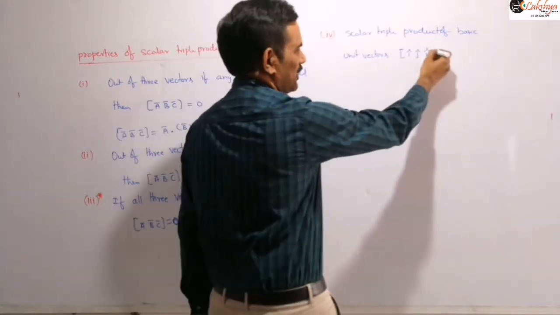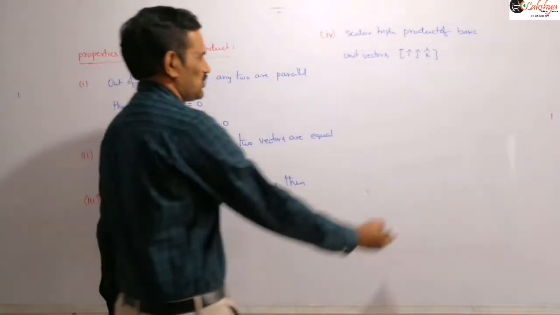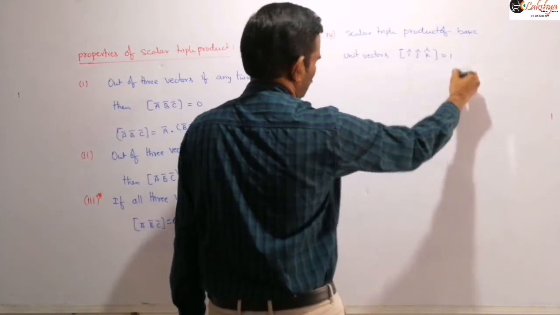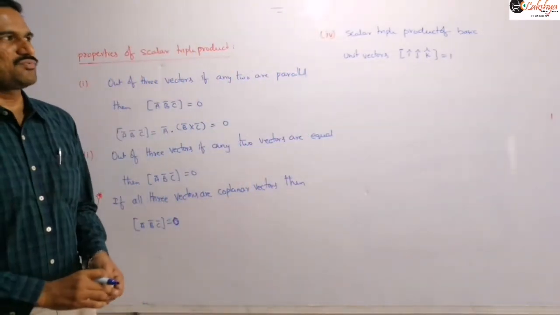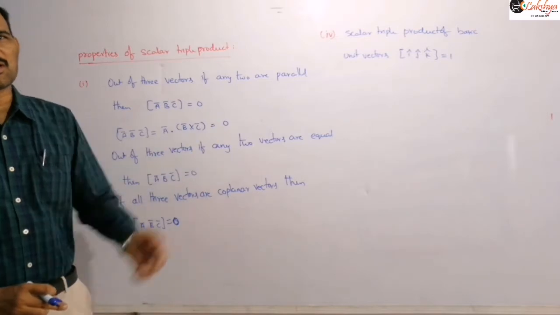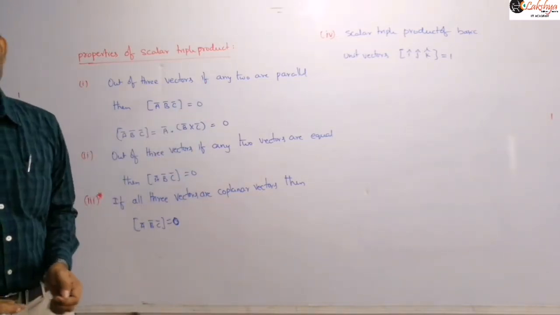If you are finding the scalar triple product of these three vectors, this value is equal to 1. The scalar triple product of our basic unit vectors i cap, j cap and k cap, that is called triad actually, that value will be equal to 1.